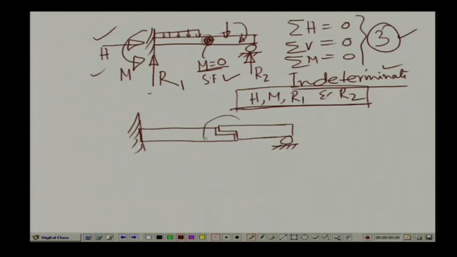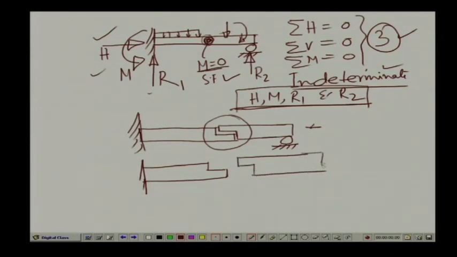Now, at this particular support, if you split it into two parts, it will be like this, that the reactive force from the top part, from this particular part, is supported on roller at this end. Now, here we will have a reactive force, and here there will be another, these forces are same.